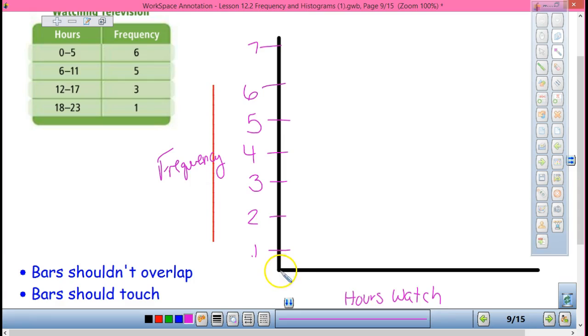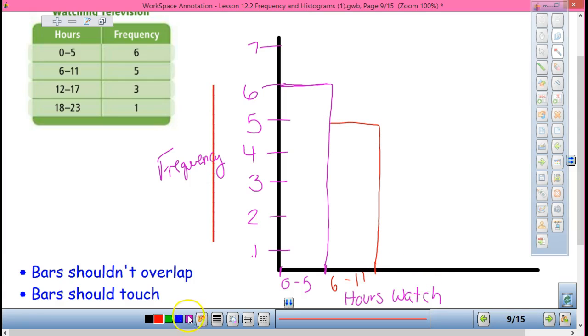So our first interval is going to be 0 to 5. We label that first interval 0 to 5, and our bar goes up to what? 6. Our second interval is 6 to 11, and that guy goes up to 5.